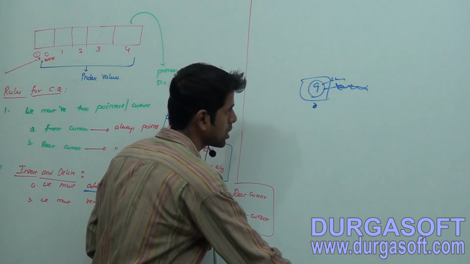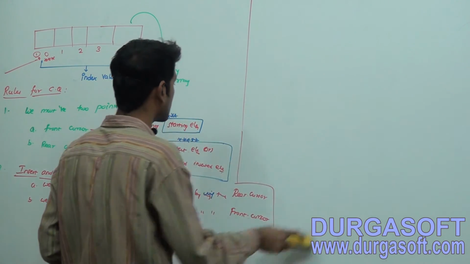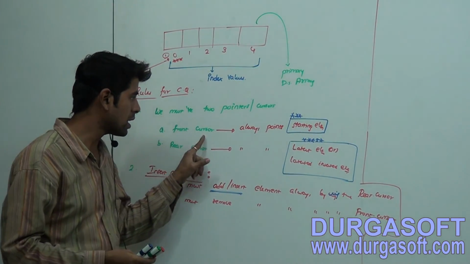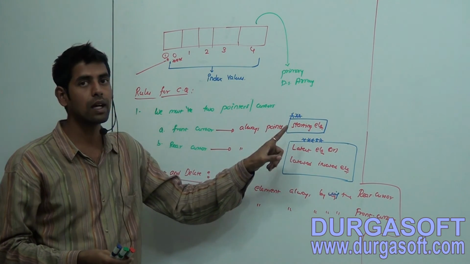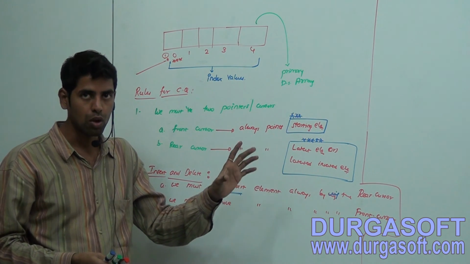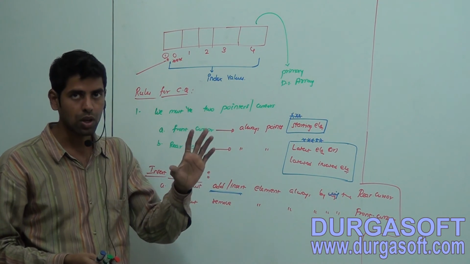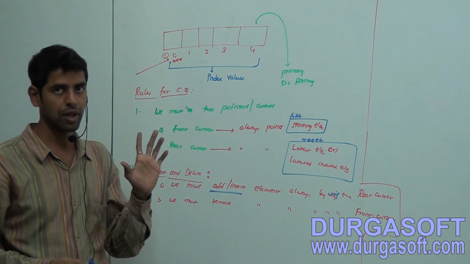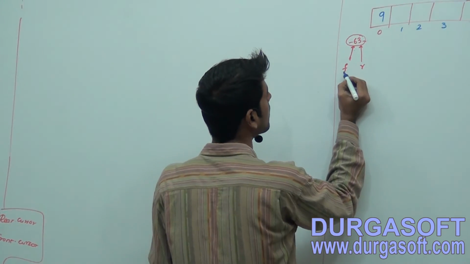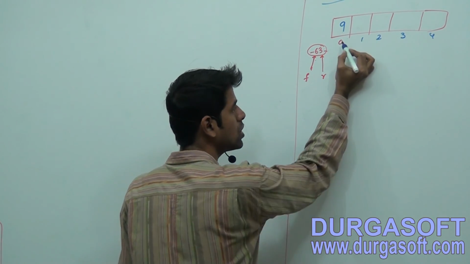Now observe, what is the rule? The front cursor always points to the starting element or beginning element. So can you increment the f value to 0?